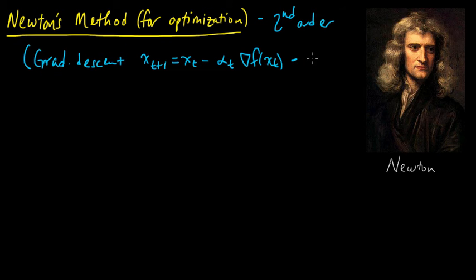So this is a first order type of method, gradient descent. And there are other first order methods also. But here, the only thing being used is the gradient, and when we apply Newton's method to optimization, we'll be using the second derivatives also. So it's a second order method.